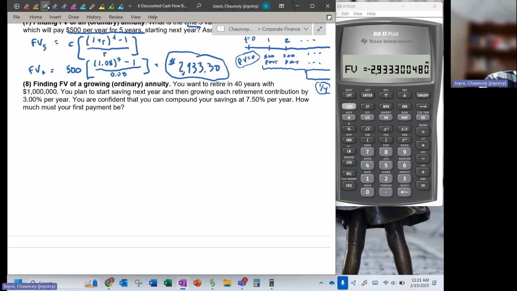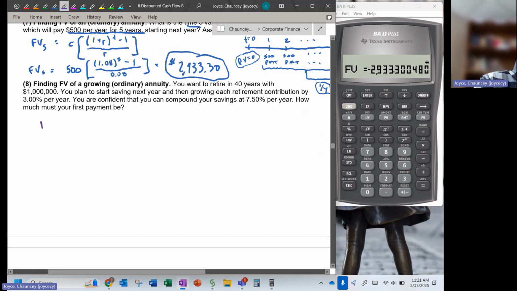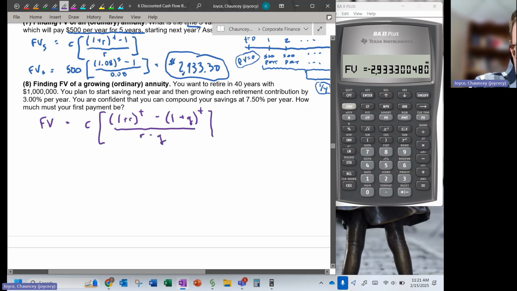And as just a reminder of that formula, the future value is C times 1 with R to the N or T less 1 with G to the T over R less G. Sometimes you see T for time and sometimes you see N for time. So the future value here is 40. You want to retire in 40 years with $1 million.